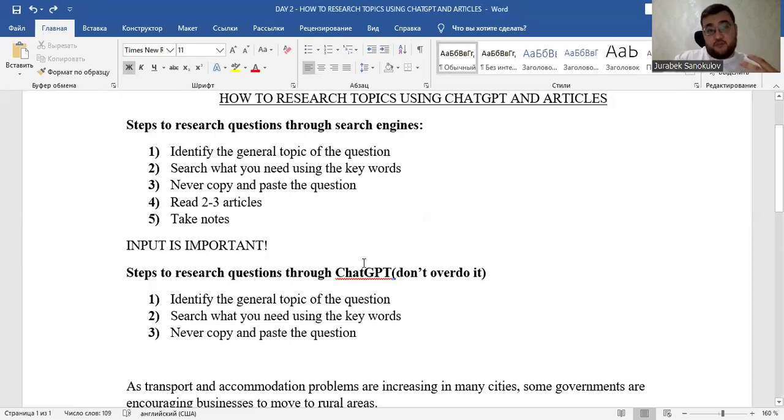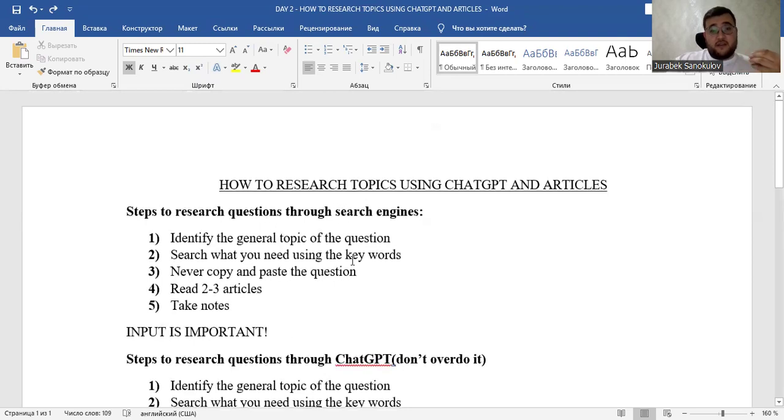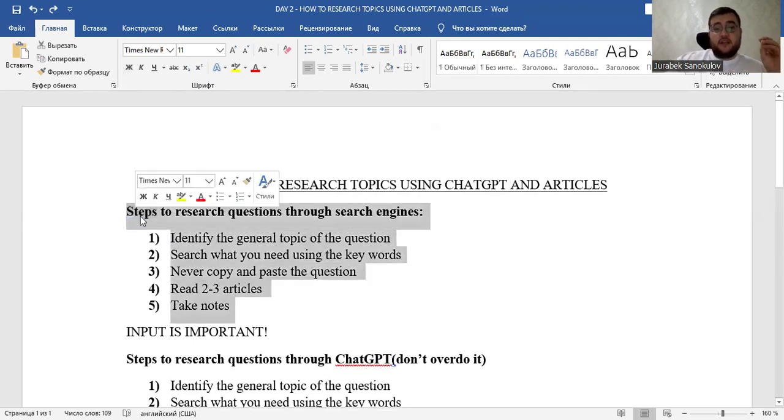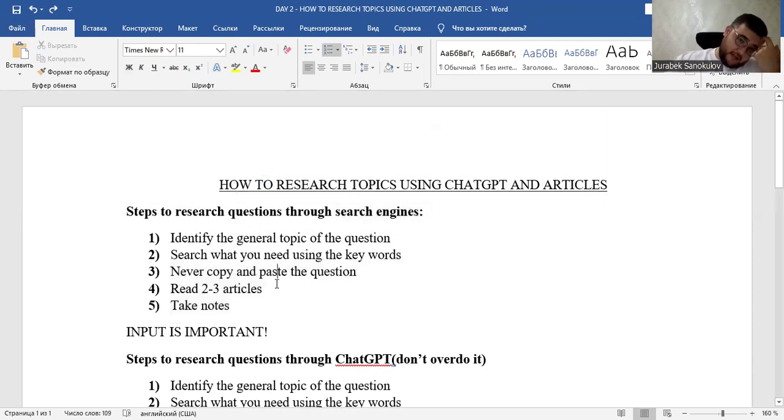I actually encourage many students of mine to use ChatGPT for both researching topics and checking essays and improving their essays. But to me, the most effective and the preferred approach is to use articles. I'll first talk about this and then I will talk about ChatGPT, okay?